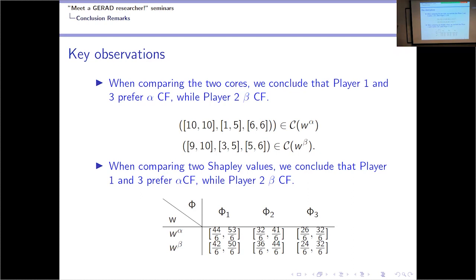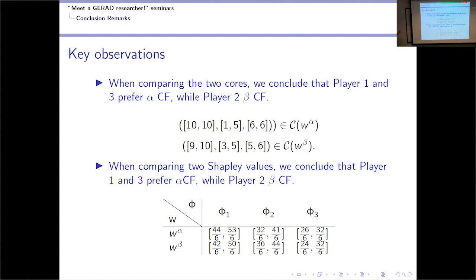When comparing these two cores, I mean elements of the core, we conclude that player 1 and 3 prefer alpha because these two intervals are weakly better than these two intervals. But player 2 prefers beta as we focus on these two cores, because 3-5 is weakly better than 1-5.